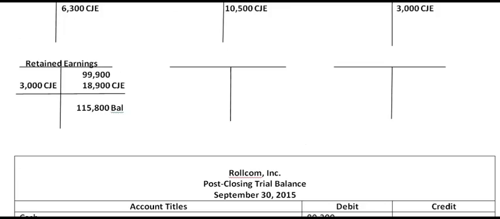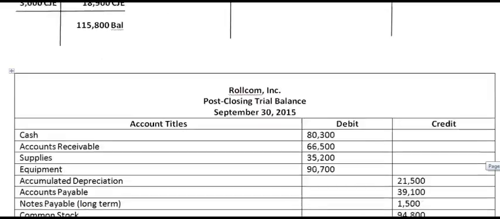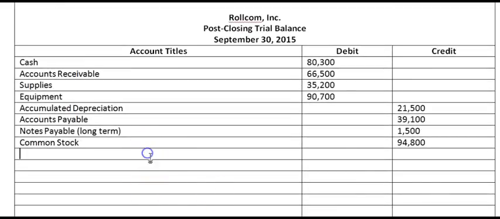Let's enter in retained earnings because that's the next account, the equity account, $115,800. And then as we enter in our revenues and expenses, we'll just put a zero. Or in Connect, I believe you may be able to leave those blank.